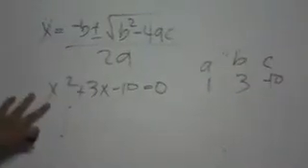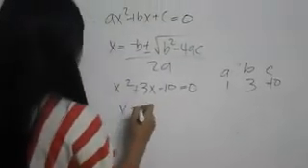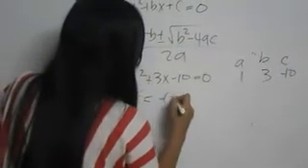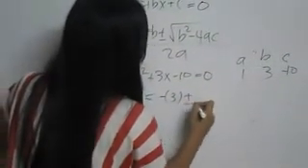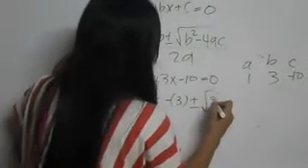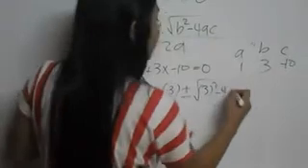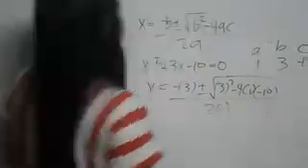I will substitute these values in the formula. x is equal to negative 3 plus or minus the square root of 3 squared minus 4 times 1 times negative 10, all over 2 times 1.